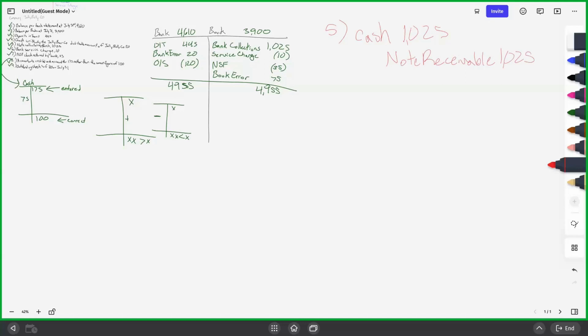Now we'll move on to 6, bank service charge. First off, we're gonna focus on cash. Do we debit cash or credit cash? Credit. We're going to credit our cash. Now, what's gonna be our debit?